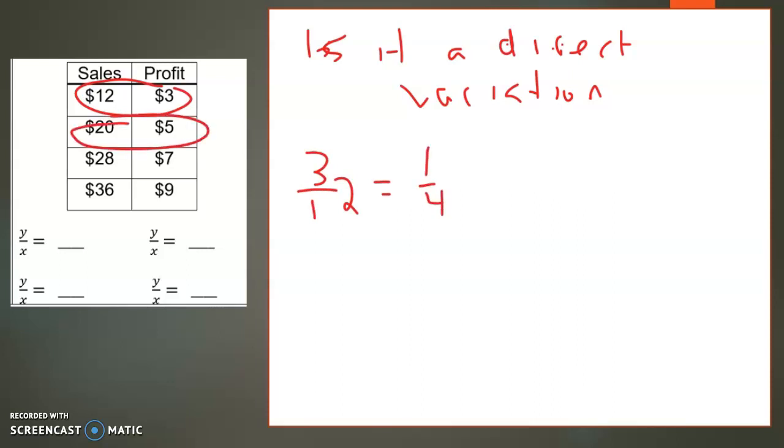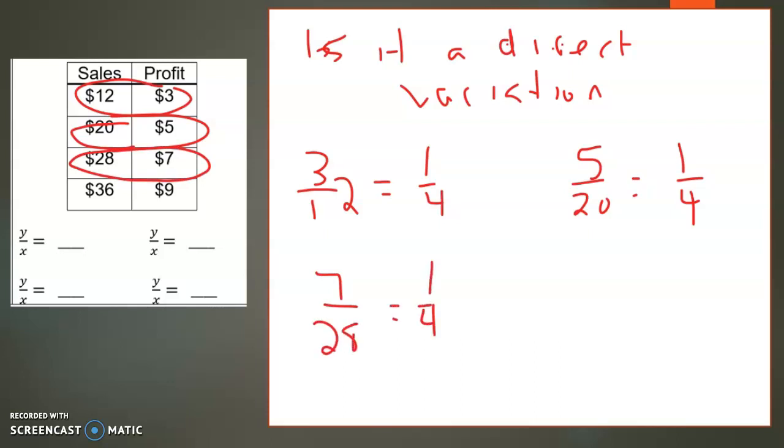Then you take 5 over 20, and you simplify that to 1/4. Then you take the next data point and do y over x, which is 7 over 28 equals 1/4. And then you take every single data point, the entire table, because sometimes they'll have a lot of them where just one won't match, which means a no.